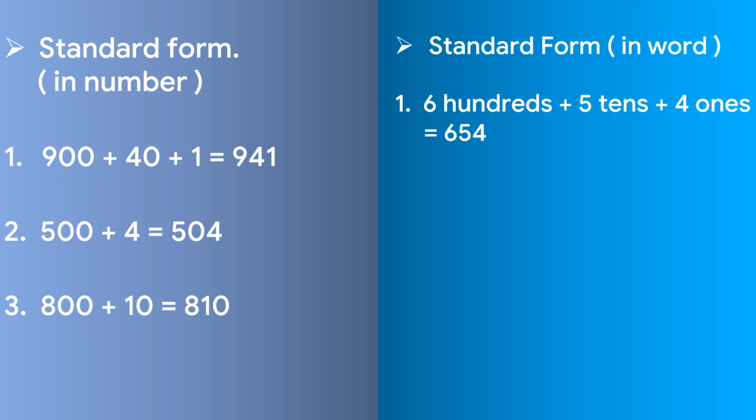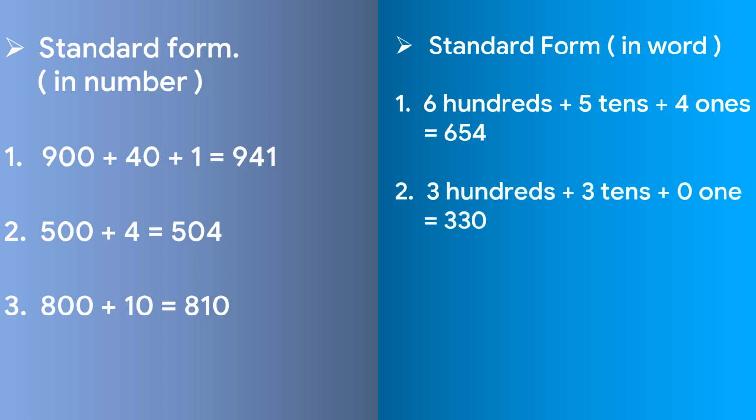And then before the ones they gave 4, that's why we write 4 in the place of ones. So the standard form of 600 plus 5 tens plus 4 ones is 654.